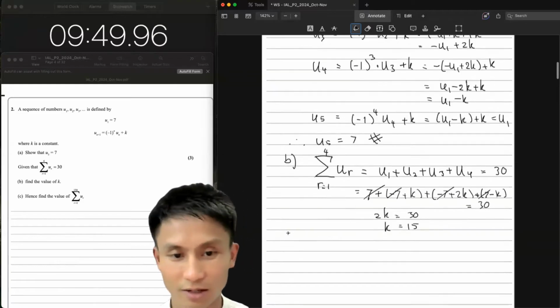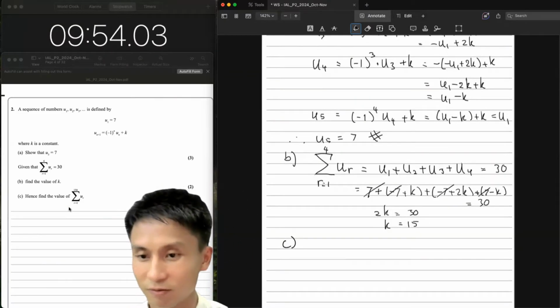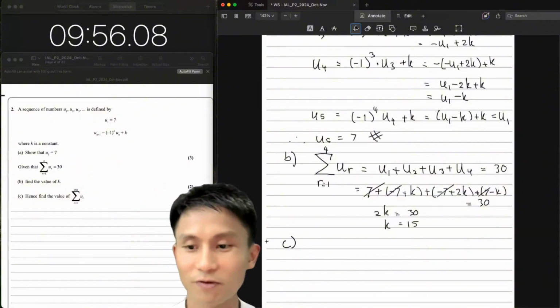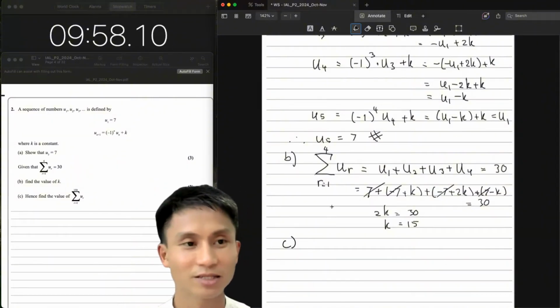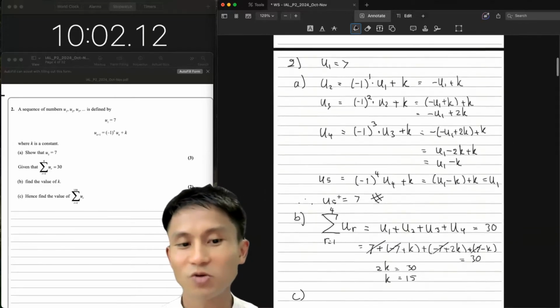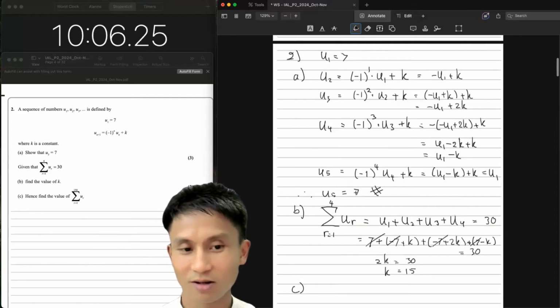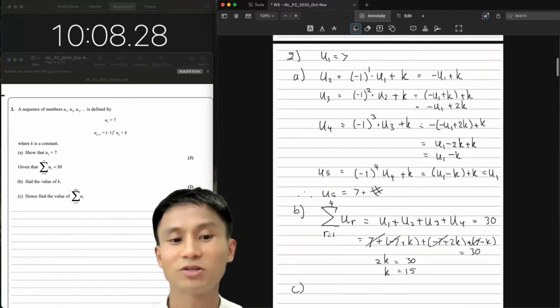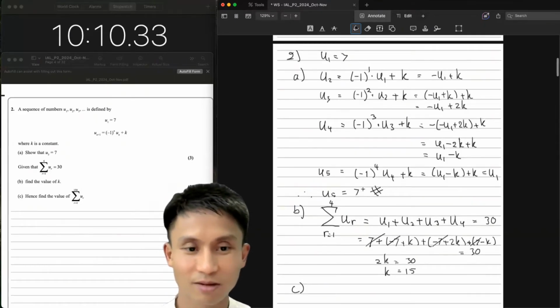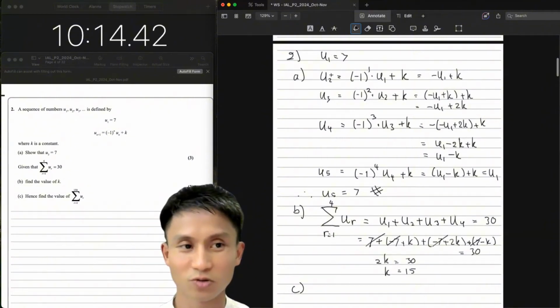So k is 15. And C, hence find the value of u from 1 to 150. All right, so that's interesting, don't you think? So look, if u5 becomes 7, don't you think that the next one, which is u6, is going to repeat the same pattern as when u1 goes to u2?